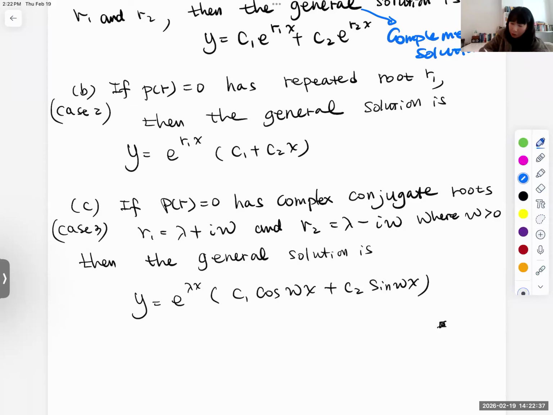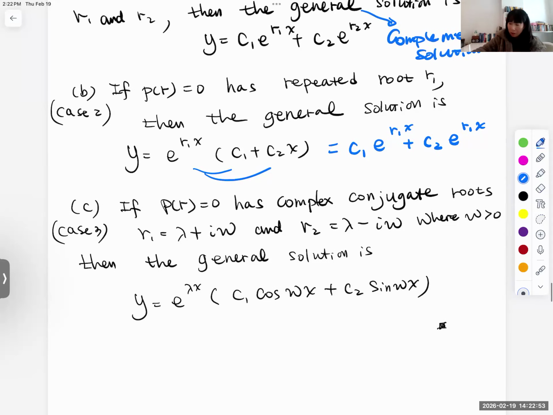If we distribute, so we get c sub 1 e to the r sub 1 x plus c sub 2 x e to the r sub 1 x, yeah? Oh, but then we have a repeating, right?